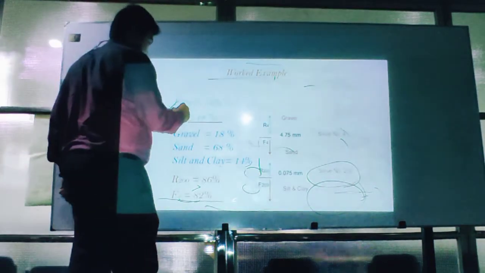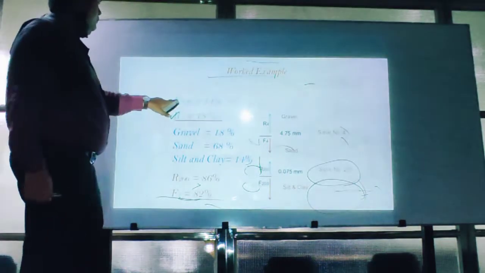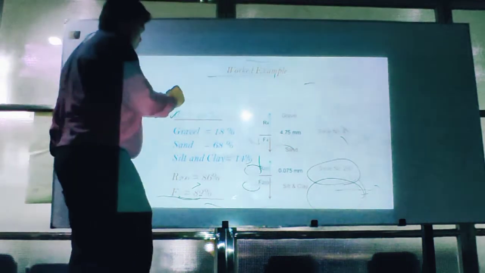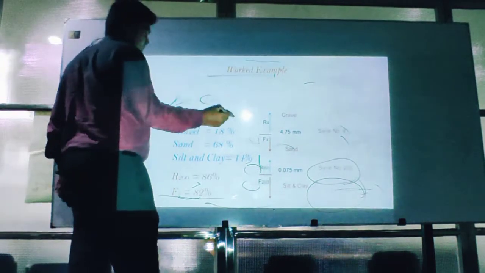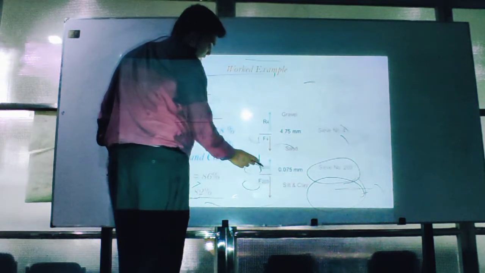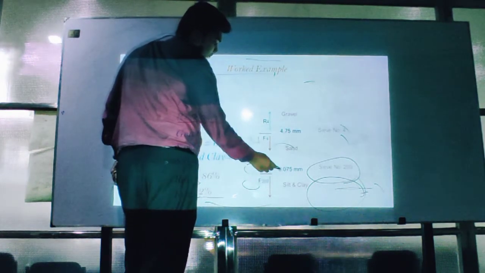Here, given these two, F200 means 11%. What is 11%? F200. We said that F200 is the retained percentage above 0.075 millimeter.